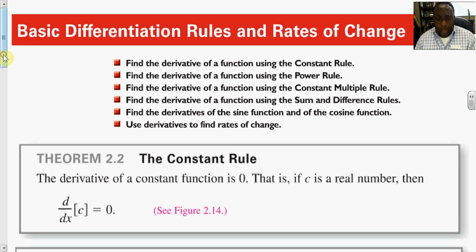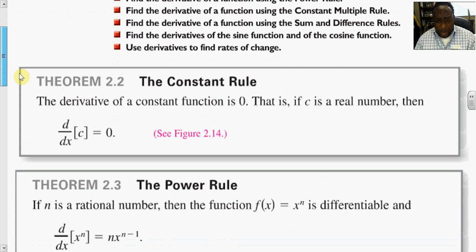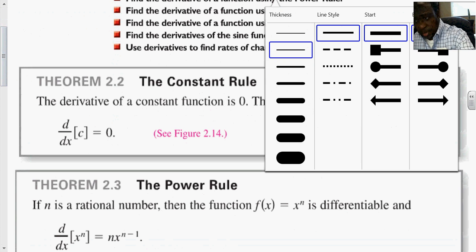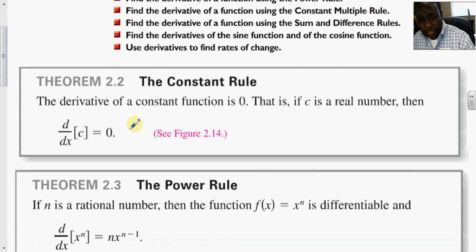The neat thing about this section and beyond is that we can use a very simple formula to calculate the derivative instead of having to use the limit definition, which is very long. The first is, if you think about it, the derivative represents the slope. So the derivative of a constant function is 0, and obviously that is the case, because if it's a constant, that means it's a horizontal line.